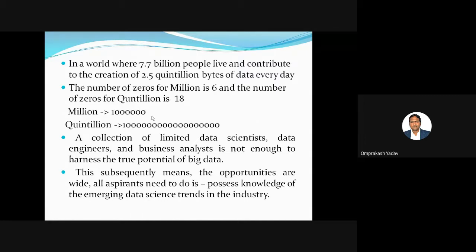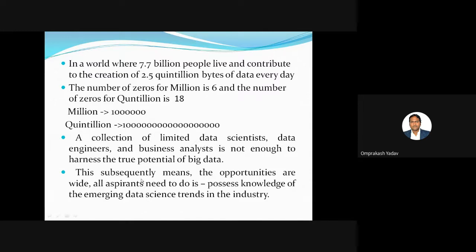It's impossible for a human being to process this kind of data. We require tools and software which will process it regularly. They must process the data and find out certain things from it. Still, the limited number of data scientists, data engineers, and business analysts is not enough to harness the true potential of this huge amount of big data.